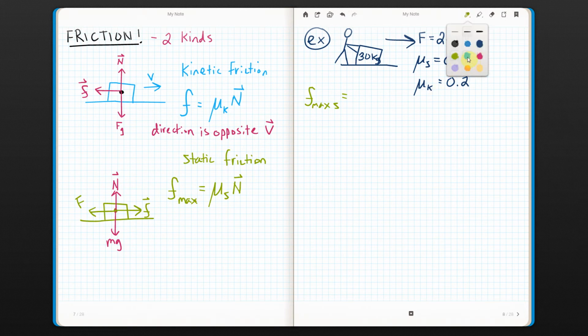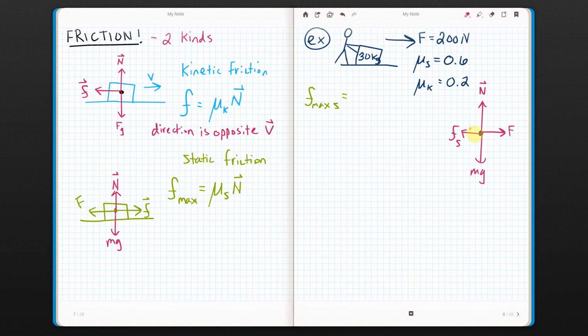So when I draw a free body diagram of this, let's see, we've got mg. I'm pushing that way, and friction would be the other way for static friction. If it's static friction. Okay.